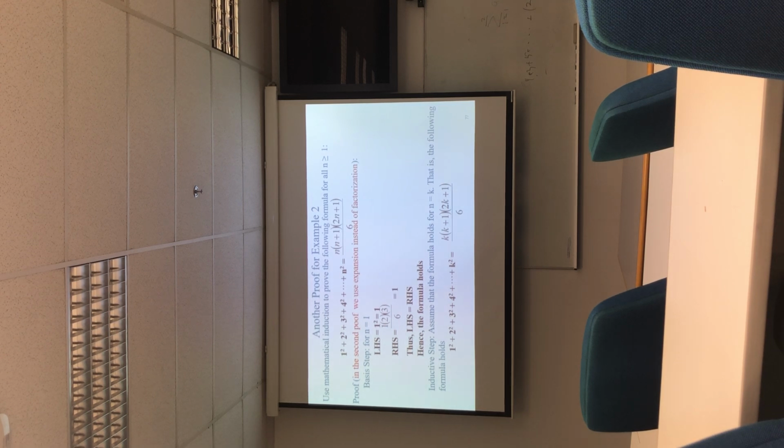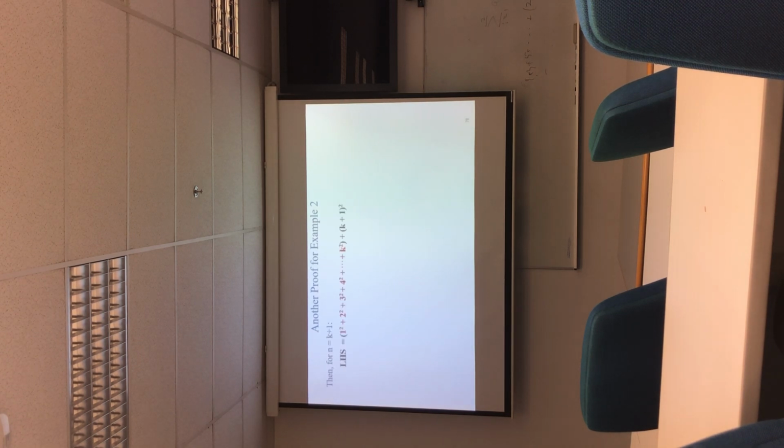The earlier proof used factorization. Now in this proof, I'm going to do it without factorization in case you are not familiar with it. Just expand it. Assume the formula is true when n equals k, that's this one. The same thing. Now for n equals k plus 1, the left hand side is the first k terms, which is exactly what we have under the induction hypothesis.